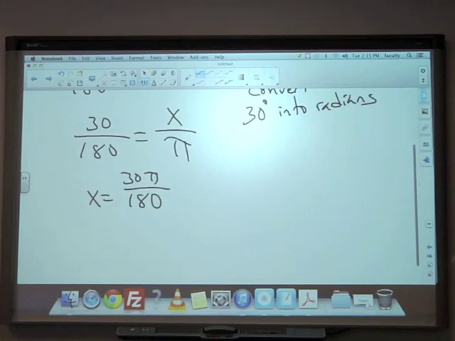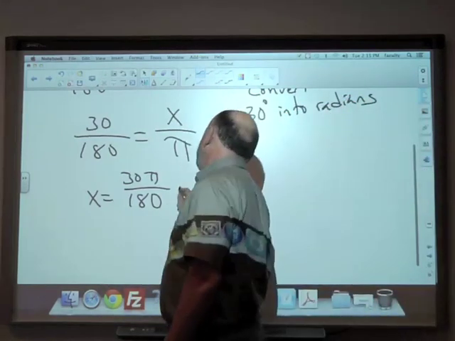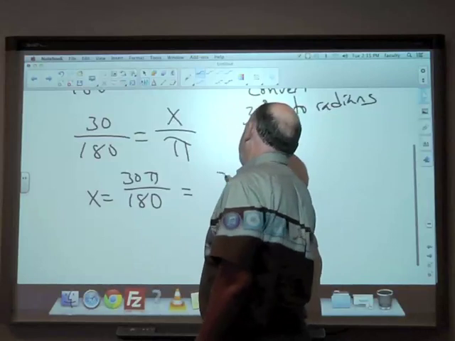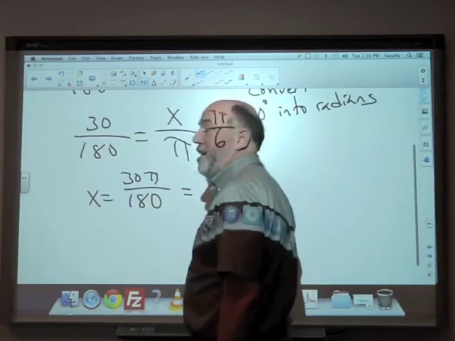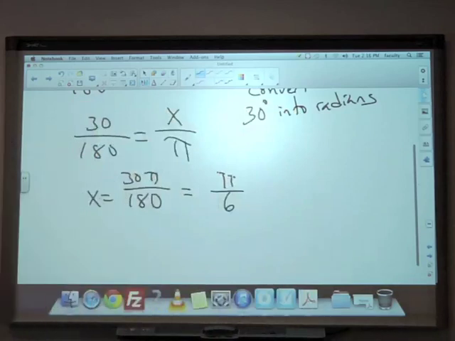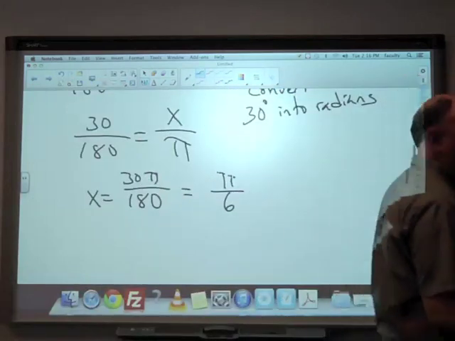What number goes into both 30 and 180? Let's go with 30. 30 goes into 30 once, so this gives us pi. 30 goes into 180 6 times, and so 30 degrees is going to be pi over 6 radians. Right?